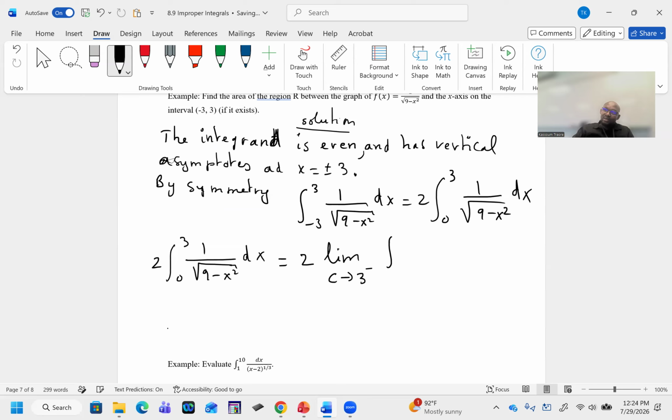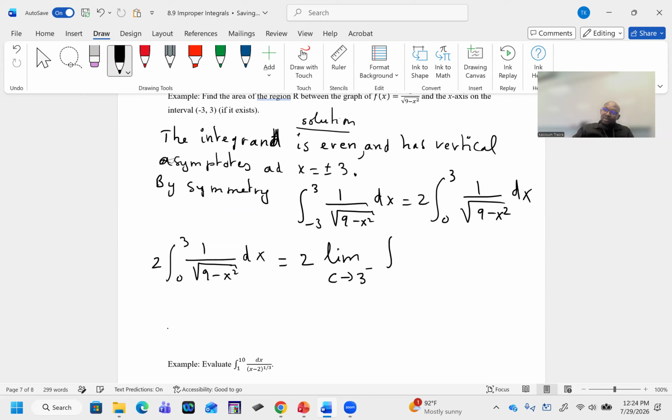Integral 0 to c dx over the square root of 9 minus x squared, which will be 2 times the limit as c approaches 3 from the left.